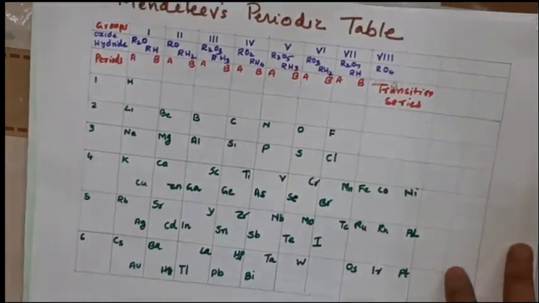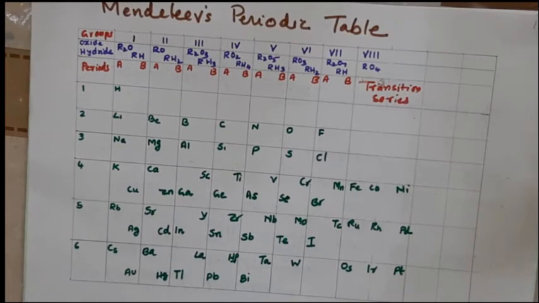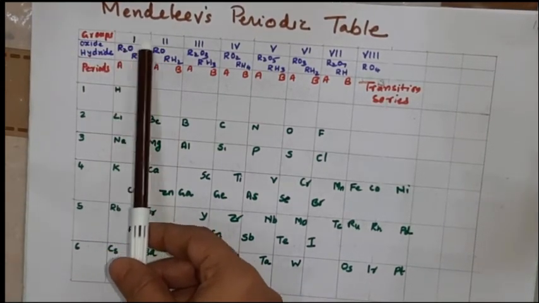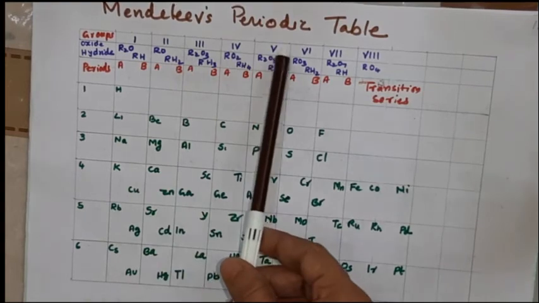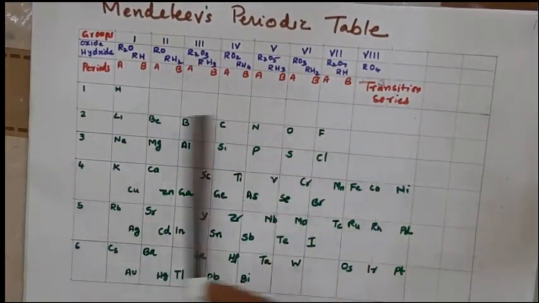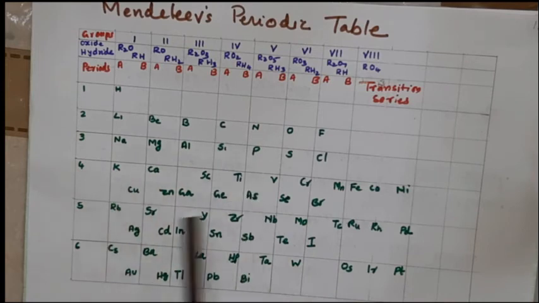The format of the periodic table developed by Mendeleev is given here. You can see these are the groups 1, 2, 3, 4, 5, 6, 7, 8. 8 groups are there and 6 periods are there in his classification.